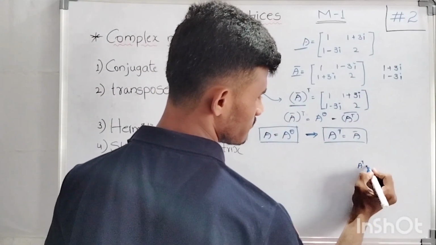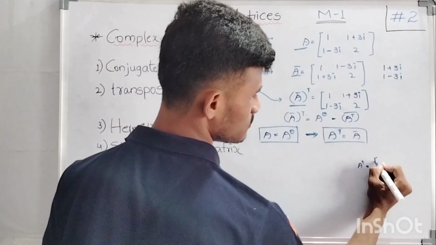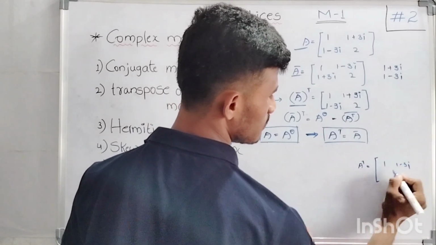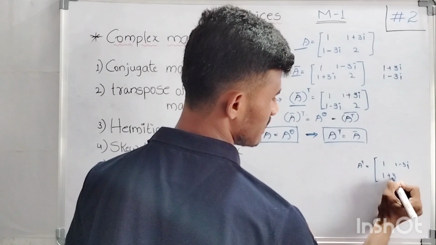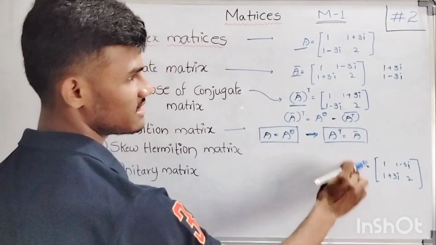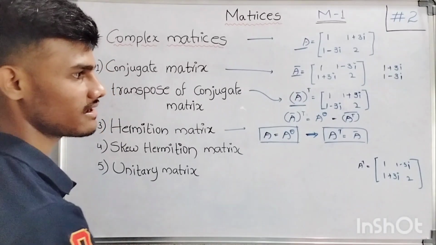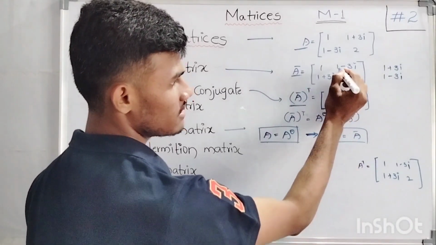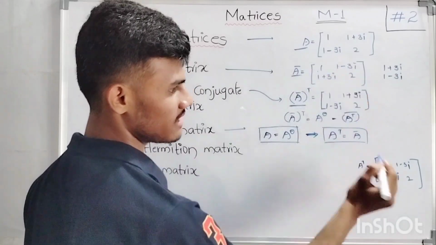Transpose of this matrix A equals 1, 1 minus 3i, 1 plus 3i, 2. See, this is the transpose of this A matrix. A transpose equals A conjugate. Look at A conjugate, 1 minus 3i, 1 minus 3i.